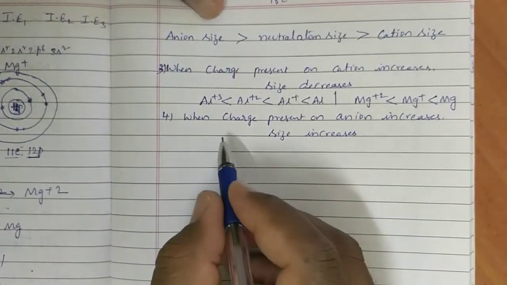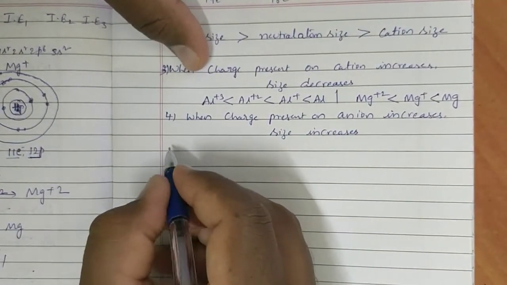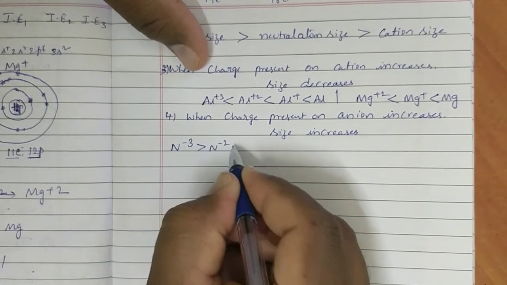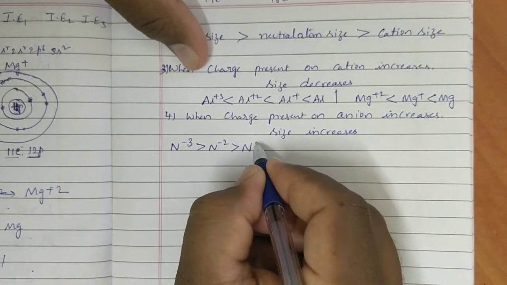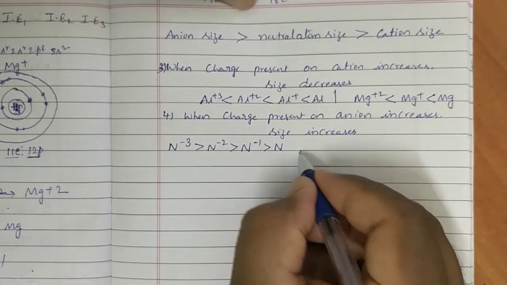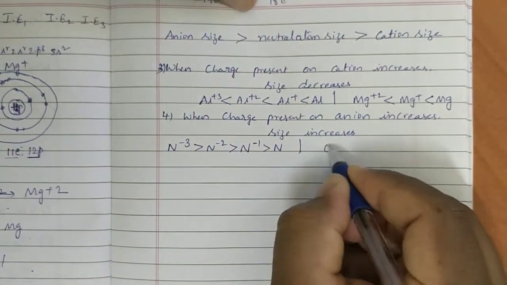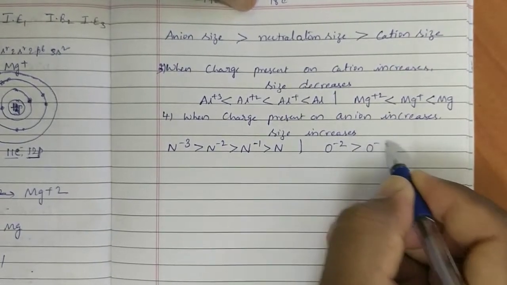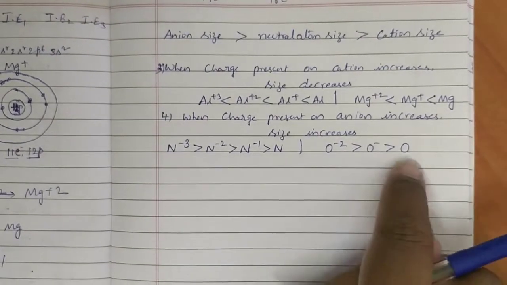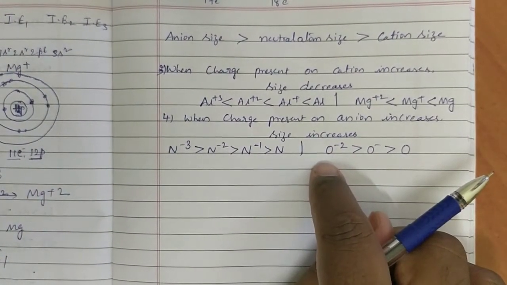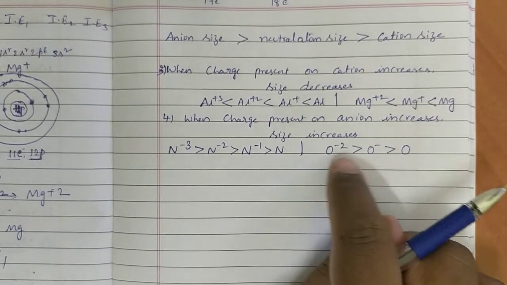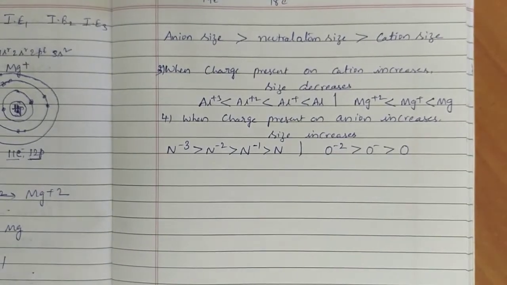Next, coming to the charge present on the anion. N3- is bigger than N2-, which is bigger than N-, which is bigger than N. O2- is bigger than O-, which is bigger than O. When the charge present on the anion increases, automatically its size also increases.